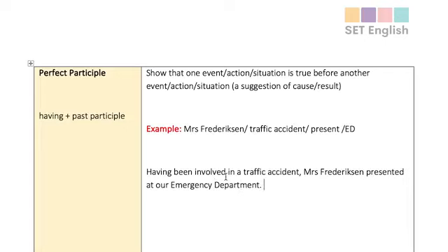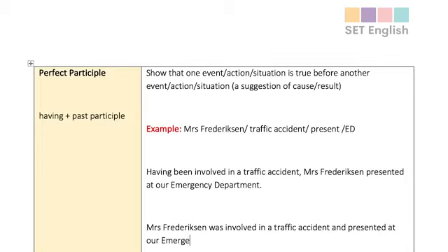Okay, so this is where it gets a bit tricky. I mentioned the passive earlier. Just imagine we wrote this with and. You would say, Mrs. Fredrickson was involved in a traffic accident and presented at our emergency department.